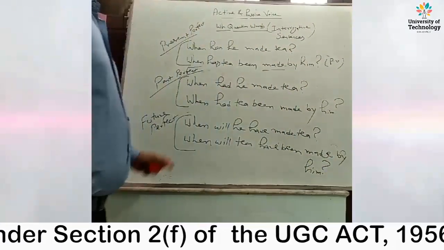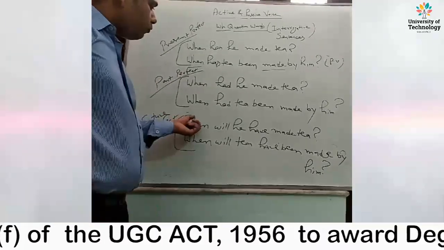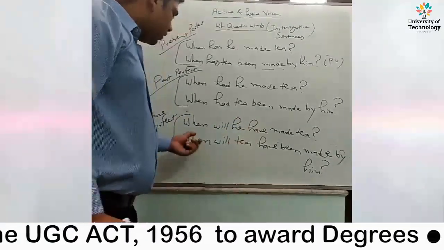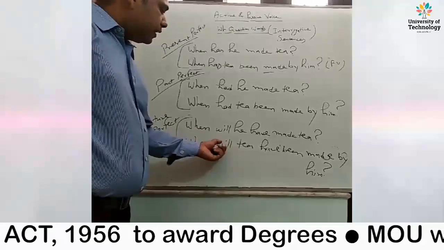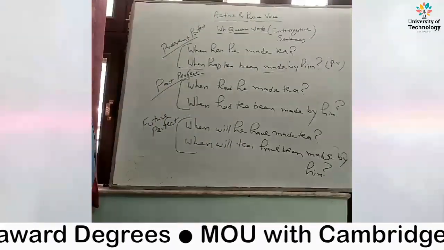When will tea have been made by him? It is called future perfect.